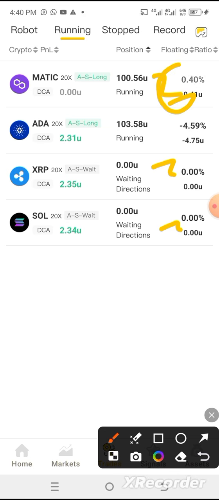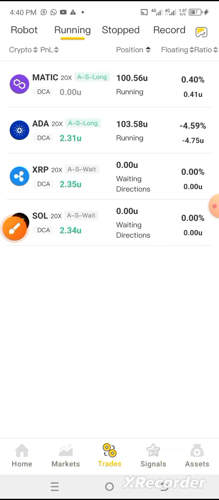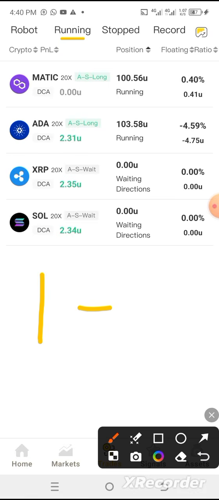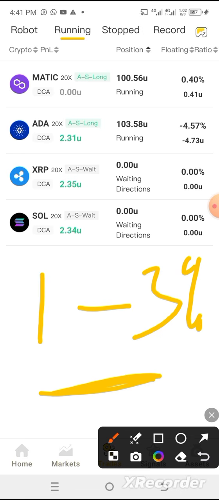You don't have to be anxious. The most important thing is your money is safe with this strategy. So with this strategy, you're expecting 1 to 3% every day. But note, you might get more than 3% in a day, or you might get nothing in a day. But don't worry.